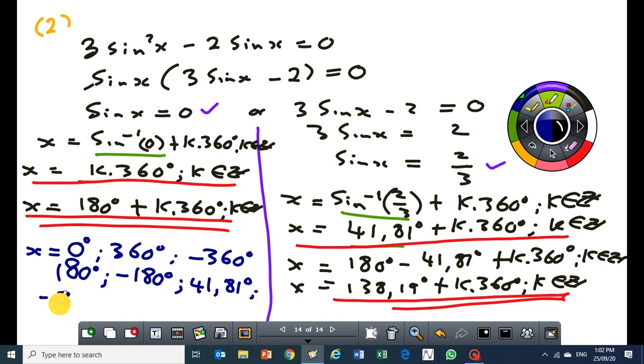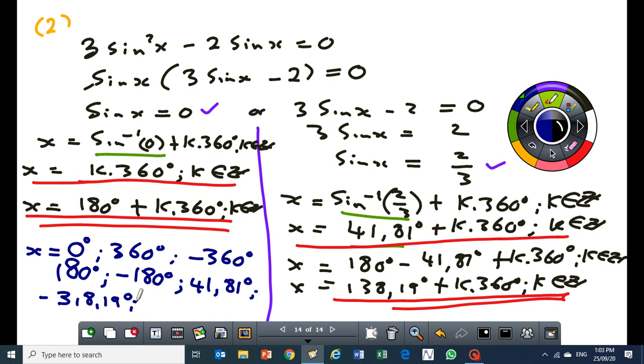Minus 318,19. This is a solution because it's greater than minus 360. Let's get on. If I substitute k equal to 2 or k equal to minus 2, I'll get solutions that are outside the required interval. So I'm done with the third general solution.